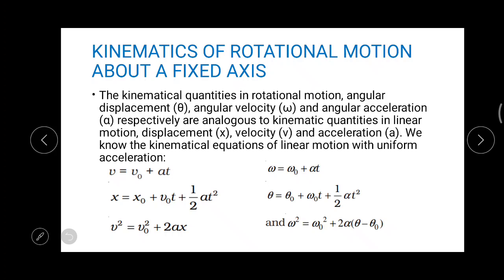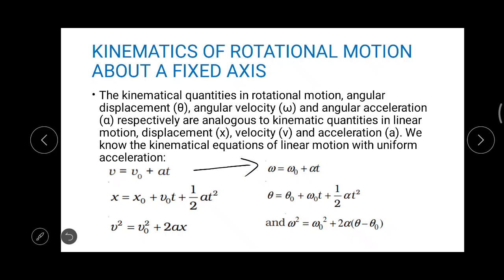In the case of angular motion, v becomes omega, the final angular velocity, omega 0 is the initial angular velocity, alpha is the angular acceleration, and t is the time taken for this motion. So in place of v is equal to v0 plus at, the angular motion has the equation omega is equal to omega 0 plus alpha into t.